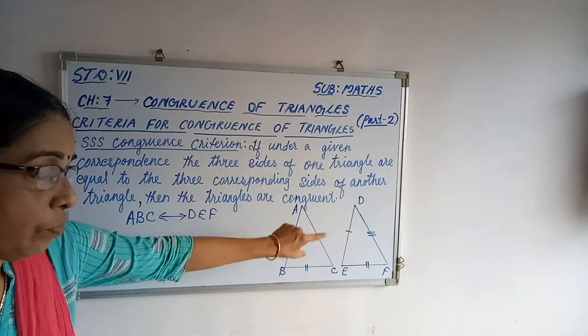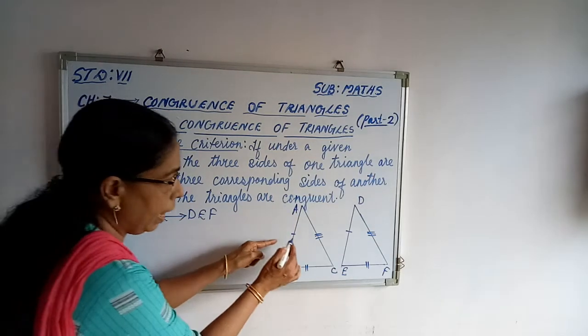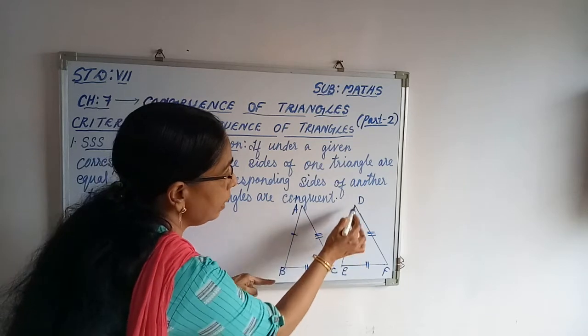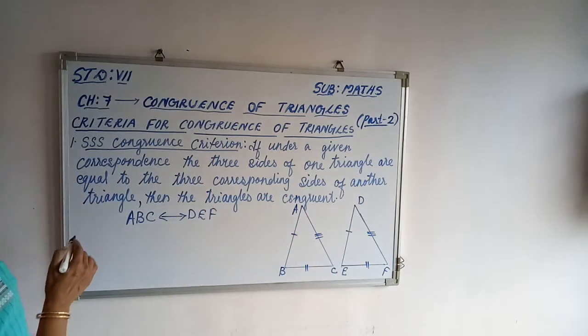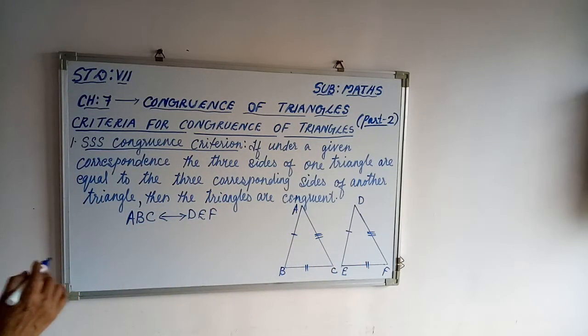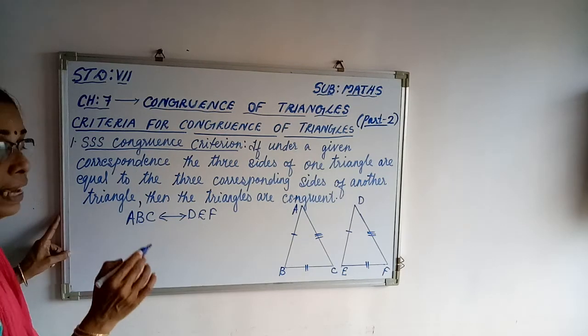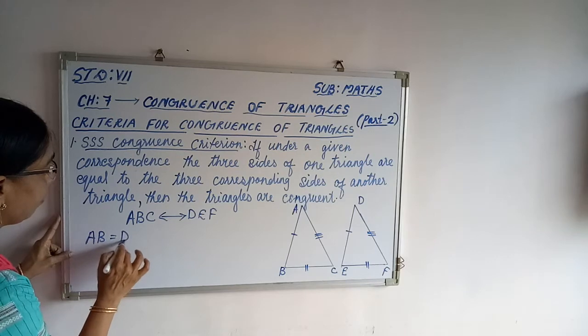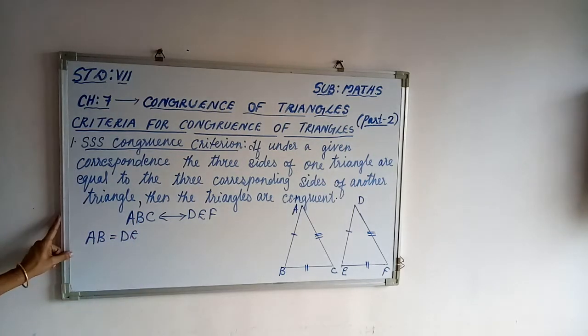AB, see that in the figure it is marked. I made this sign for that. AB, same sign here, DE. So the segment AB is equal to which one? DE, or the side AB is equal to side DE, isn't it?